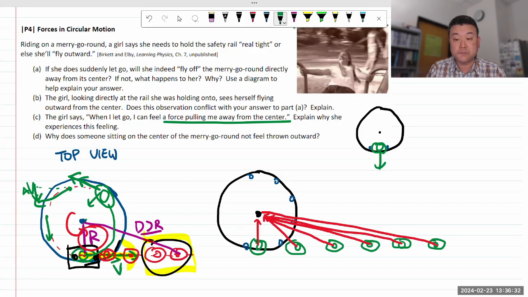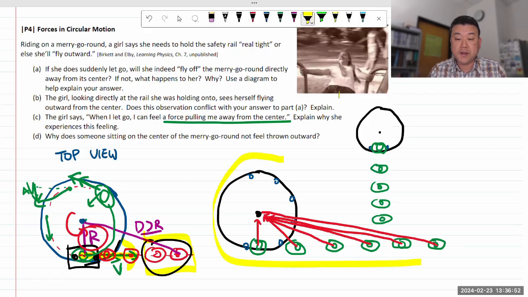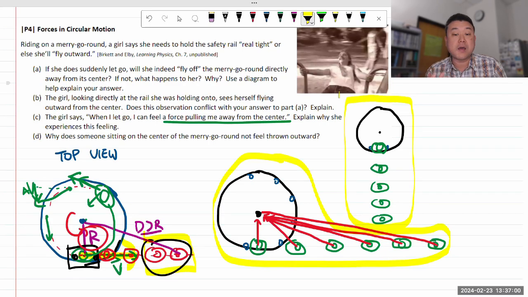So the girl is going to get pushed directly outward. So let me just draw 1, 2, 3, 4 of these. And someone could naively say, this way of analyzing is equivalent to this way of analyzing. So let's use whatever is easiest for the problem at hand. That's the temptation. Now, watch the picture carefully. See if they are actually indeed identical or comparable to each other.